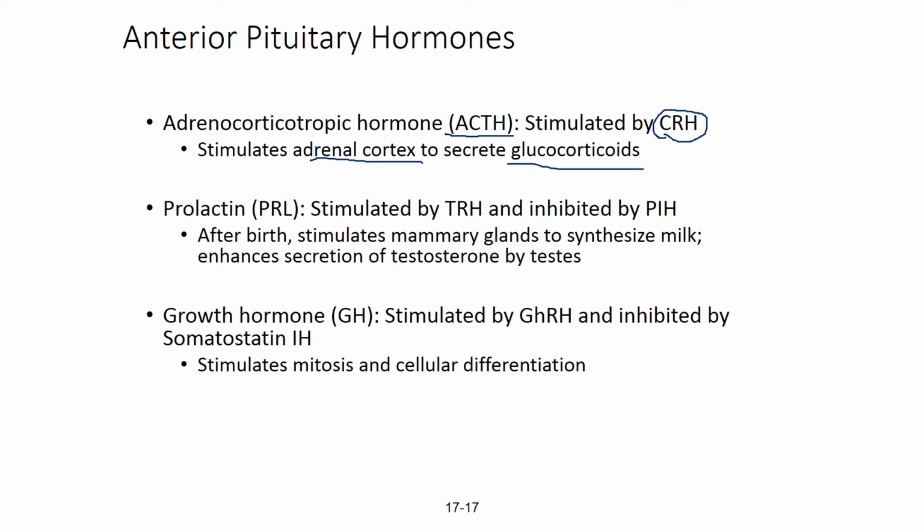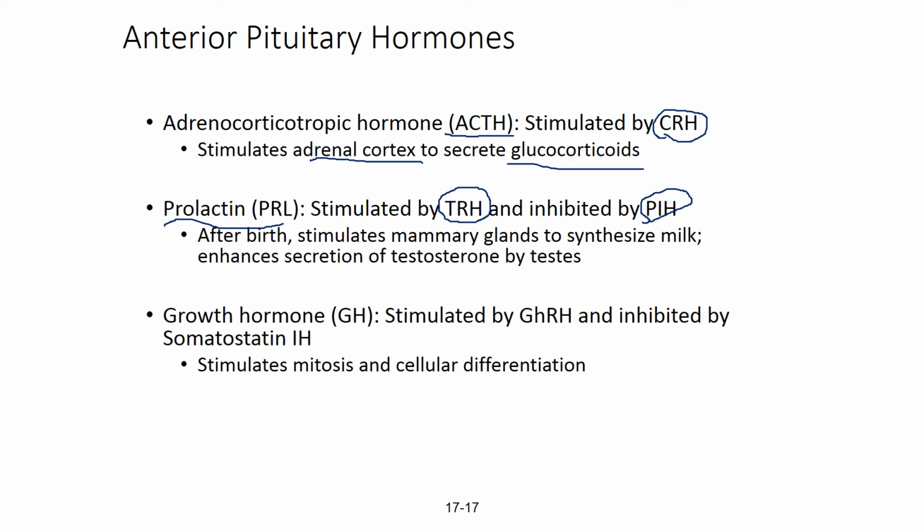in the body. We then have prolactin. Prolactin is stimulated by our thyrotropic releasing hormone. This one's kind of one of the weird ones, and by prolactin inhibiting hormone. So those two come from the hypothalamus and control the release of prolactin from the anterior lobe.